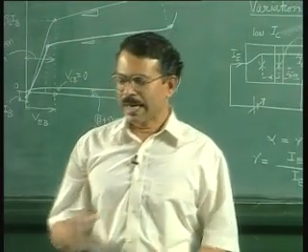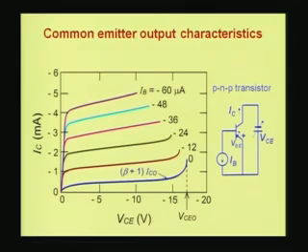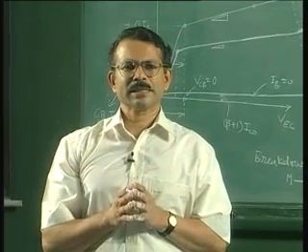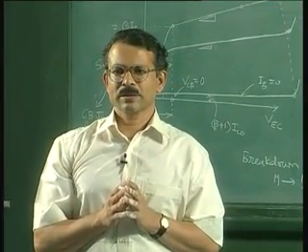The collector current range shown on the slide is the range where alpha is increasing with IC or beta is increasing with IC. So that explains why your breakdown voltage falls. With this we have completed the explanation of the IC versus VC characteristics.